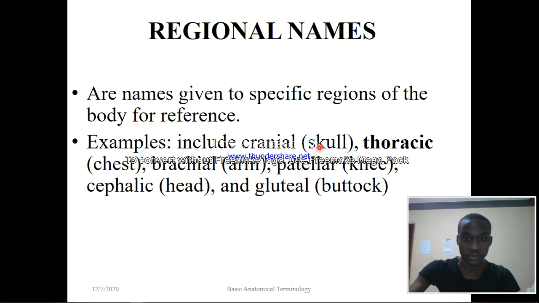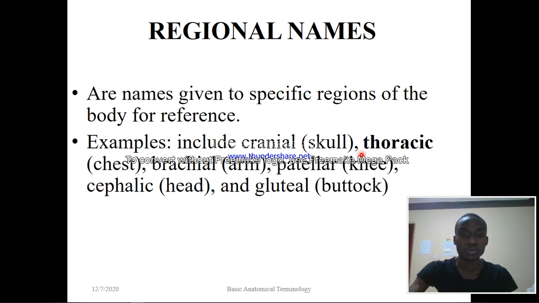If you are referring to the skull region of the body, then the term to use is cranial. If you are referring to the chest region, then thoracic is the term to use.